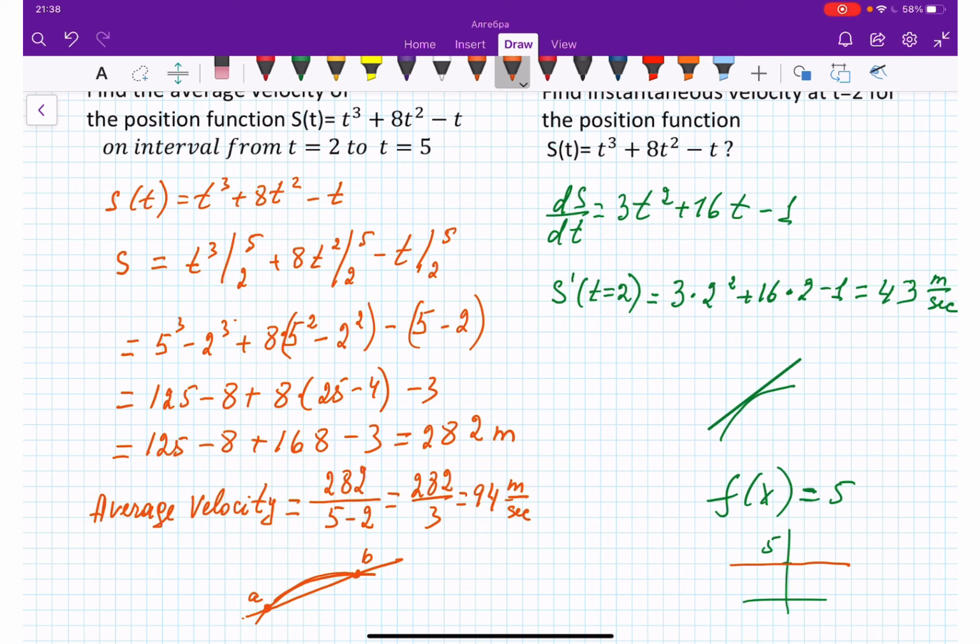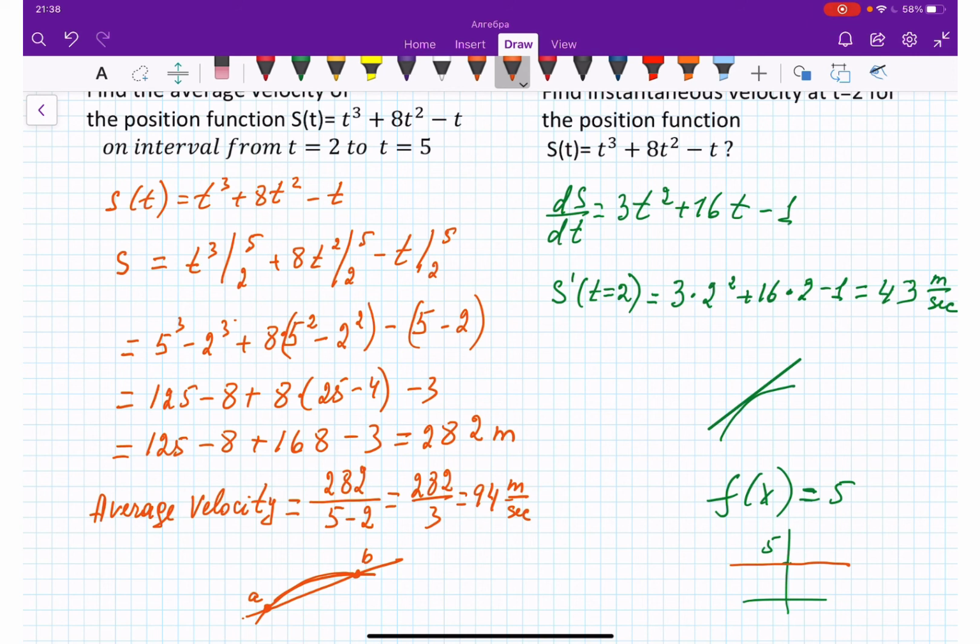Now, if some of you are wondering what the difference is between speed and velocity, and whether speed can be negative: speed cannot be negative. Speed is a scalar value, and if you add direction to a scalar value, it becomes a vector, which is velocity.